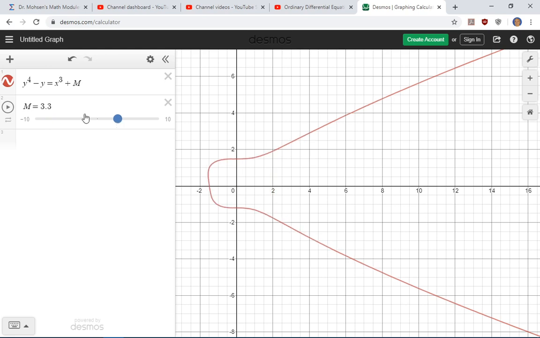If you want to control the behavior of this slider, you can always click here and assign a starting value, ending value, and the increment step, and you get a more refined picture perhaps.